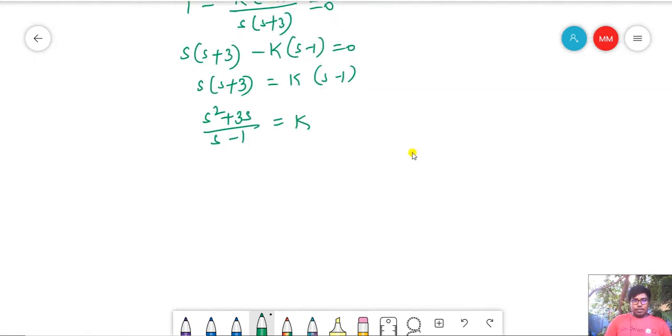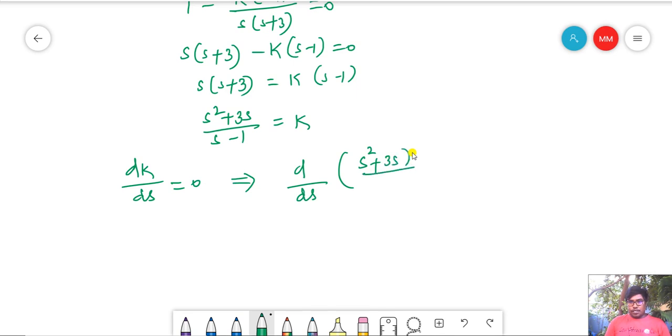Now we'll find the breakaway and break-in points, so dk by ds is equal to 0. We already know the k value, so d by ds of s square plus 3s divided by s minus 1 is equal to 0.